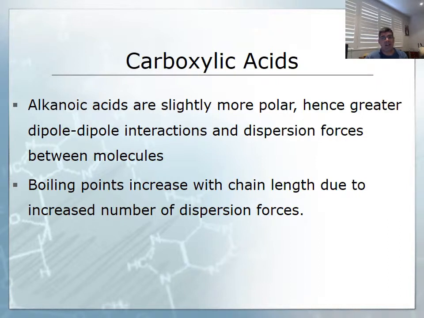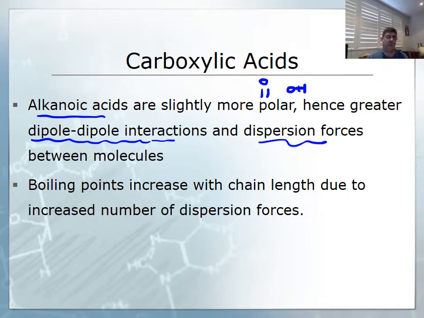The slight increase in polarity for the alkanoic acids, because of the presence of both the double bonded oxygen as well as the OH group, means that we have an increase in the number of dipole-dipole interactions, and as I mentioned, also the dispersion forces. So these are contributors to those increases in the melting and boiling temperatures.